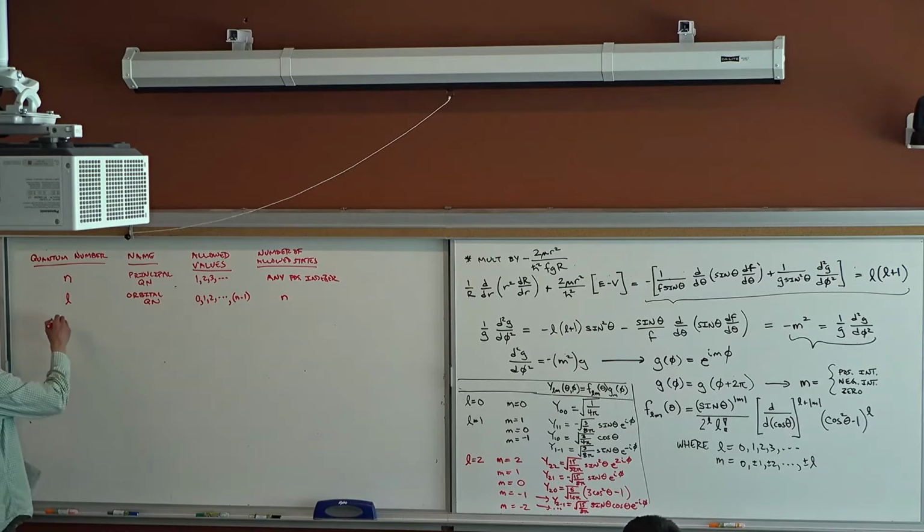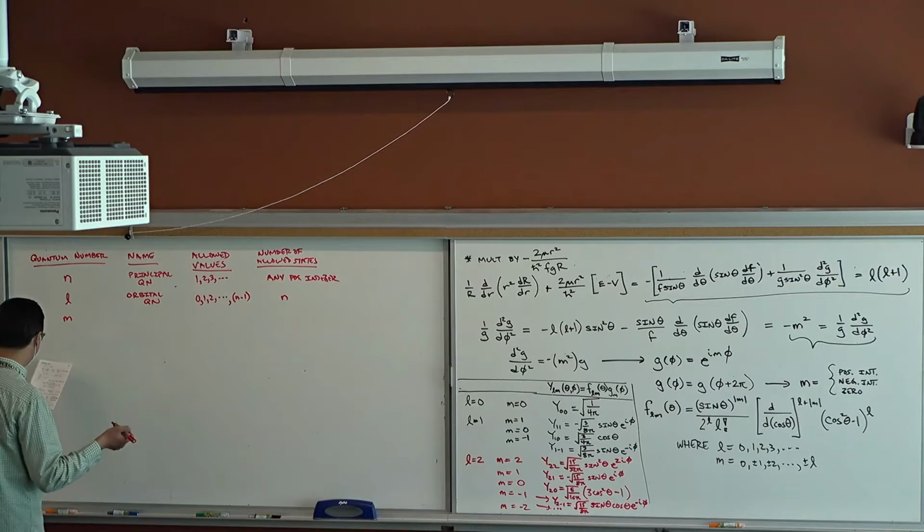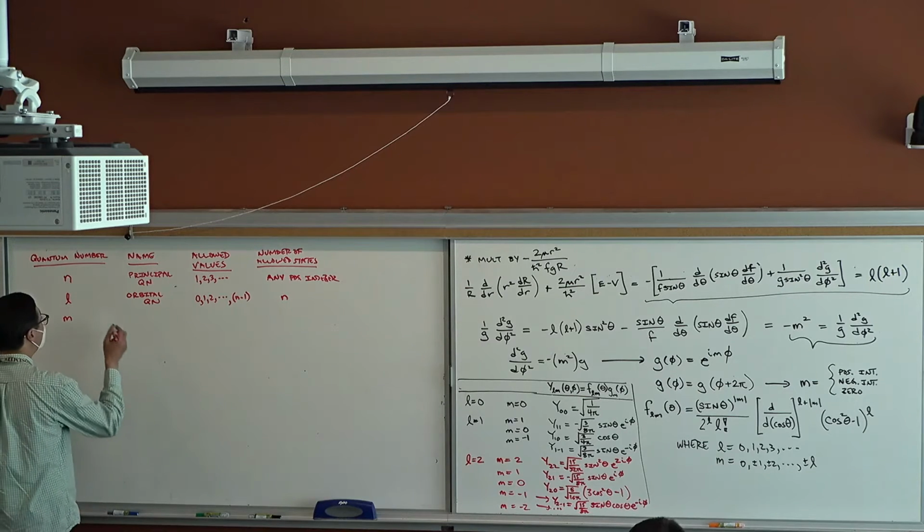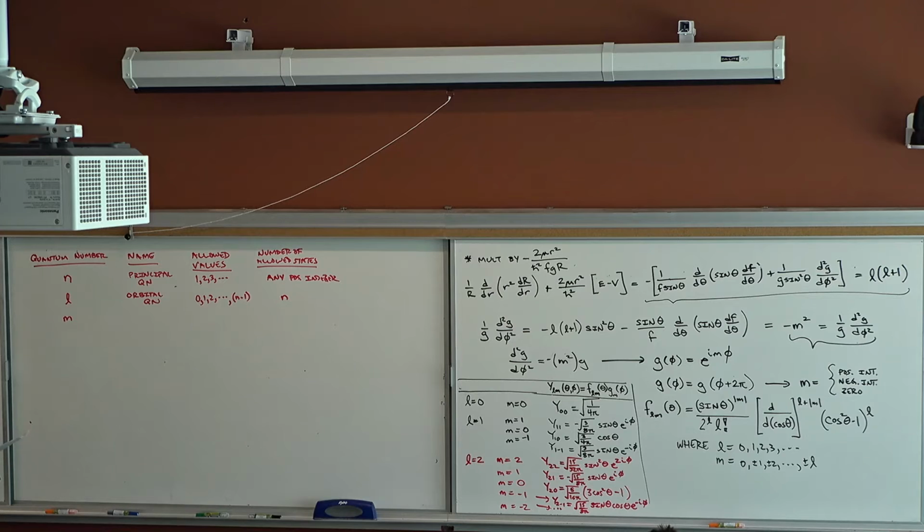And then we had m or ml if you prefer. I really don't care which one you use. You could call this orbital magnetic, you could call this magnetic.